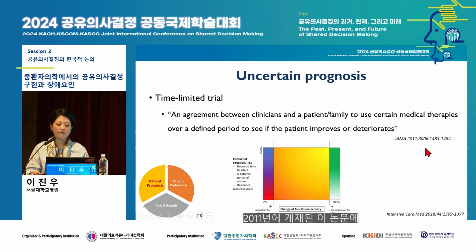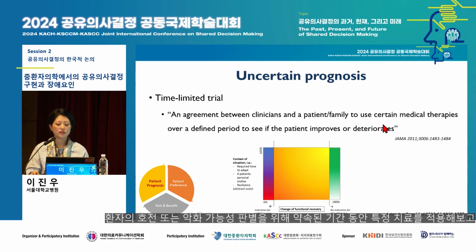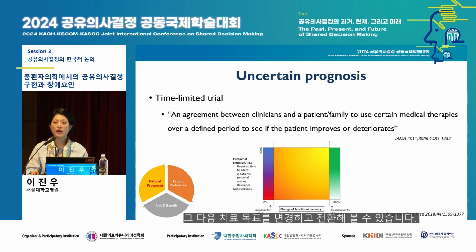In 2011, a terminology was introduced called time-limited trial. It was an agreement between clinicians and the patient's family to use certain medical therapies over a defined period of time to see if the patient improves or deteriorates, and then pivot the goal of care at that time.